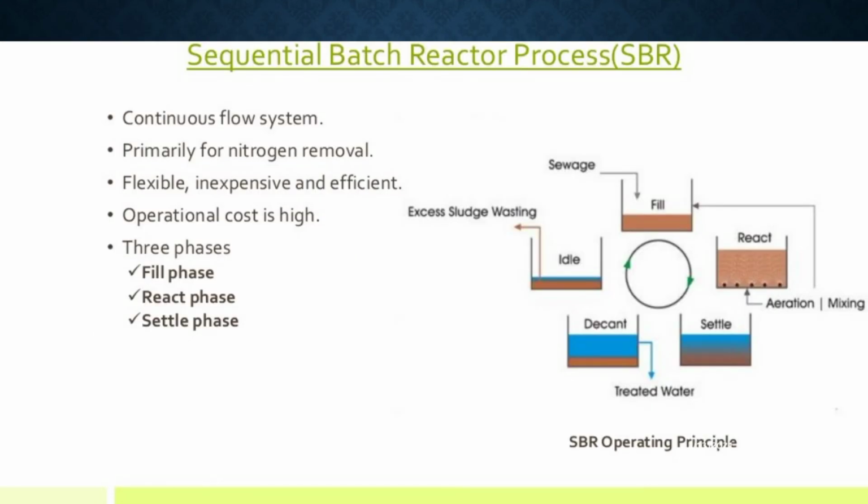Now next one is sequential batch reactor process, SBR. It is a continuous flow system primarily for nitrogen removal, flexible, inexpensive and efficient. Operational cost is high. There are three phases in this process. First one is fill phase, second one is react phase, and third one is settle phase.